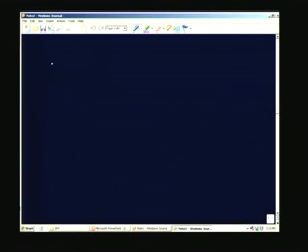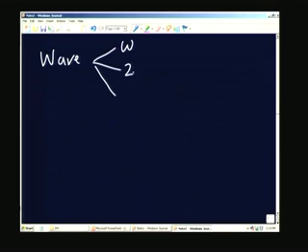So, what we are going to do is, the wave is split up into omega, 2 omega, 3 omega, and so on and so forth.